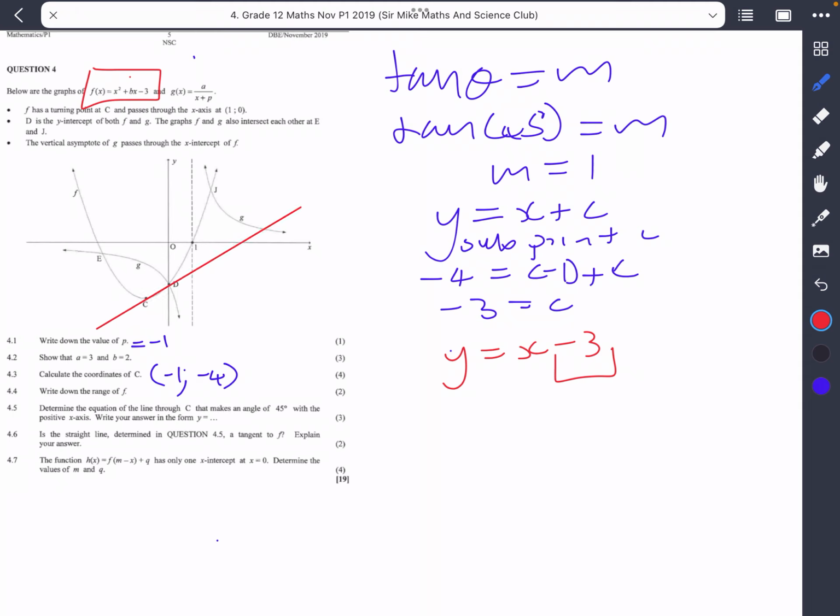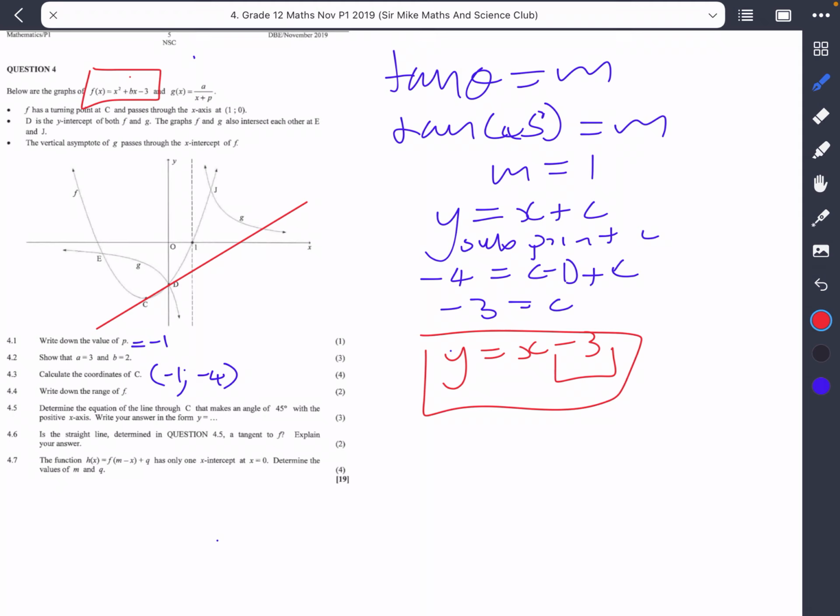So we have a graph that looks more or less like that, but we know that it also passes through point D. Now remember that point D has a coordinate of (0, -3), right? So that is where the graph of that equation would also be passing through. So our equation is y equals x minus 3.